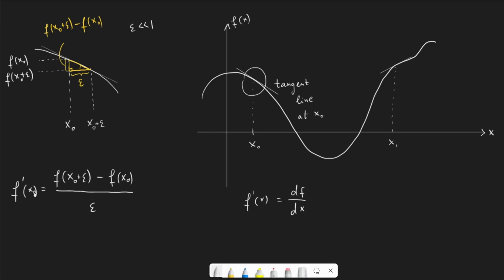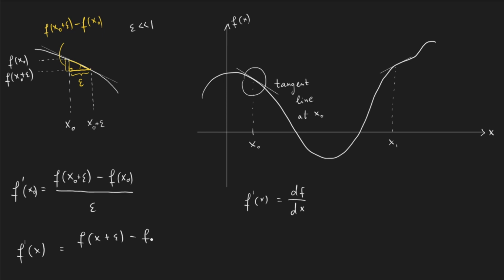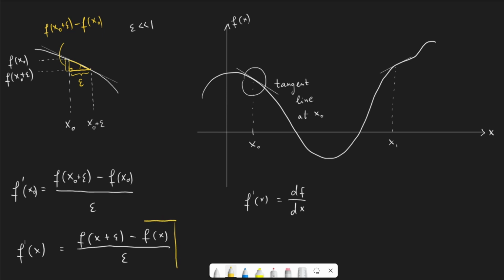This is at input x0, but in general, it can be written simply as f of x plus epsilon minus f of x over epsilon. And this is our derivative of the function f of x. And I will show you a concrete example for which we will use this expression.